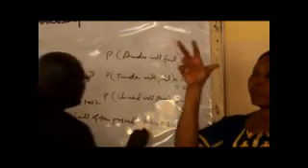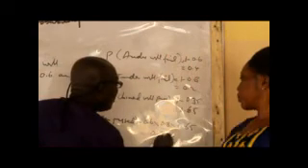So both of them pass, so we multiply: 0.6 multiplied by 0.8 multiplied by 0.65 will give us 0.312. Whenever you finish something, it must be less than 1.